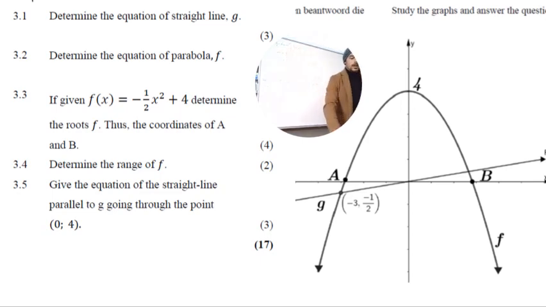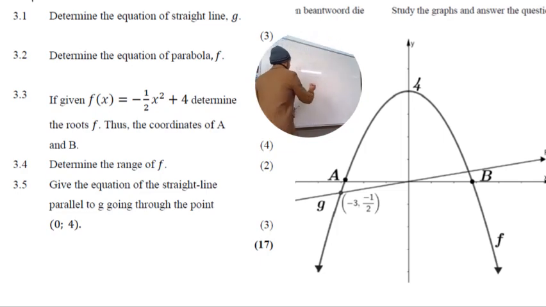If you want to write this down, you can say y is an element of, starting from negative infinity, and then we go up all the way until the turning point. It turns at 4, so we write 4 with a square bracket. The other way of writing this is y is less than or equal to 4.